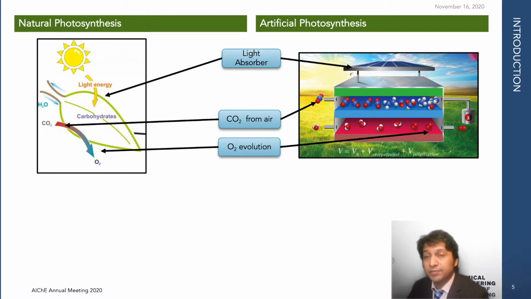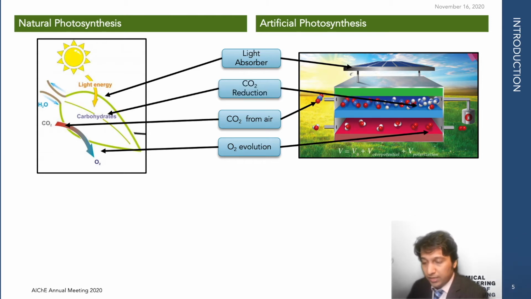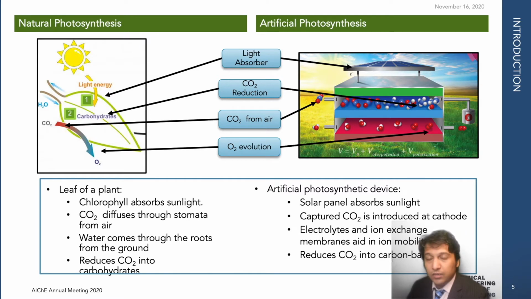Here, CO2 is fed from the air to the electrochemical cell, and as a byproduct of this CO2 reduction happening both in the leaf and in the artificial photosynthetic cell, we get oxygen evolution. So these are the common things that we have between natural and artificial photosynthetic systems.